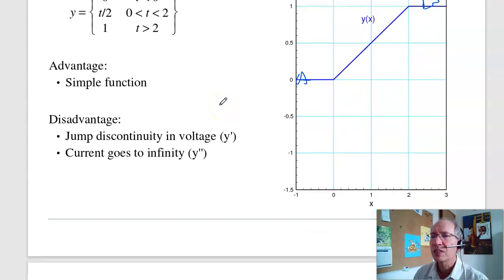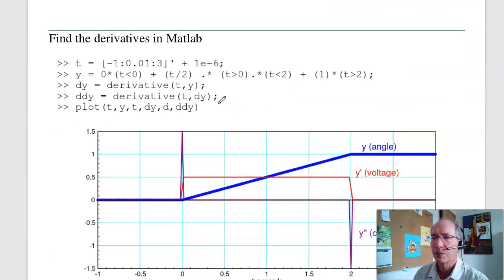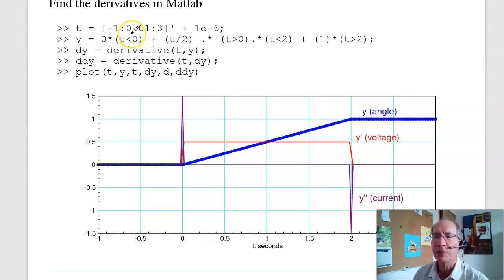So let's take the derivative. Here's my time. Time goes from -1 second to +3 seconds. Y, the blue line, is 0 for t less than 0. It's t over 2 for t greater than 0 and t less than 2.